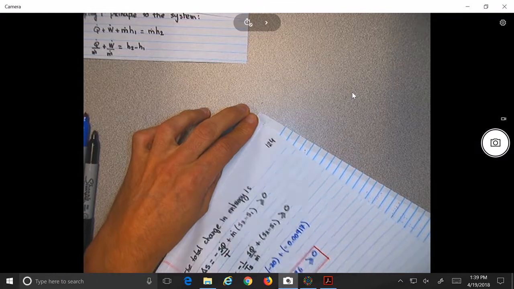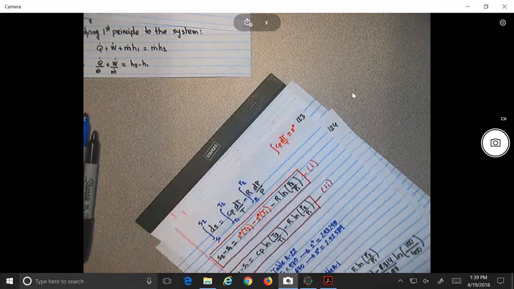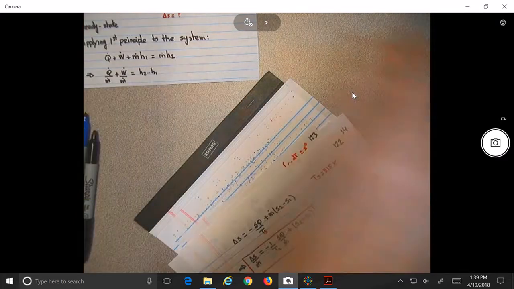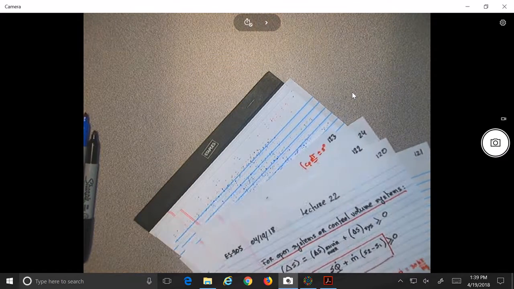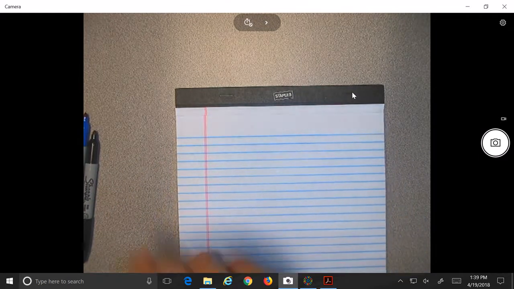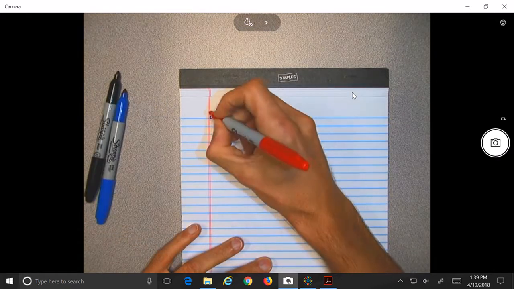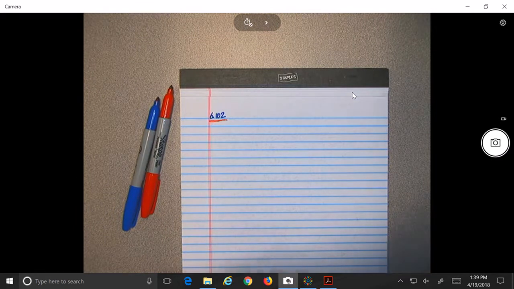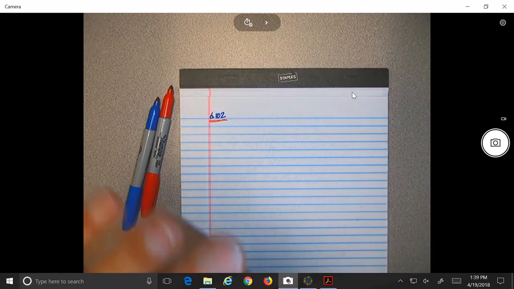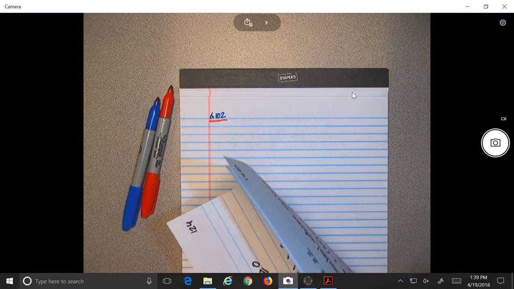All right, let's see if we have time to do another one, but I will not go into that much detail. I might just give you the steps. Okay, next problem we're going to look at is 6.102. And this should be page 125.